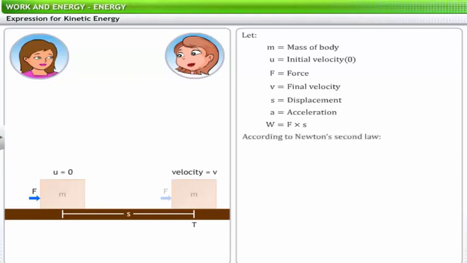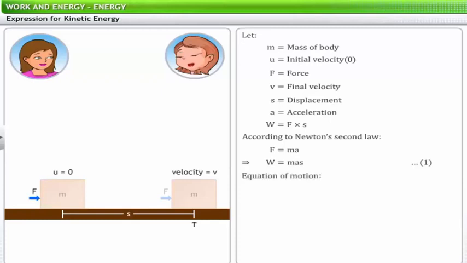According to Newton's second law of motion, force is mass times the acceleration of the body. This makes the work done equal to the product of mass, acceleration, and displacement. Let this be equation 1.